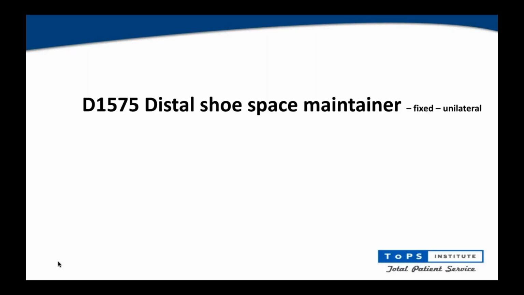Often in the development where we've lost that first molar and we need to keep and retain space for the permanent to come in, the primary is gone and we're waiting for the permanent to come in place, it's been subgingival, and so the other code was not deemed appropriate to use in that situation. So for those that place space maintainers, this D1575 will be new to add to your repertoire. And then we can move to the next slide.